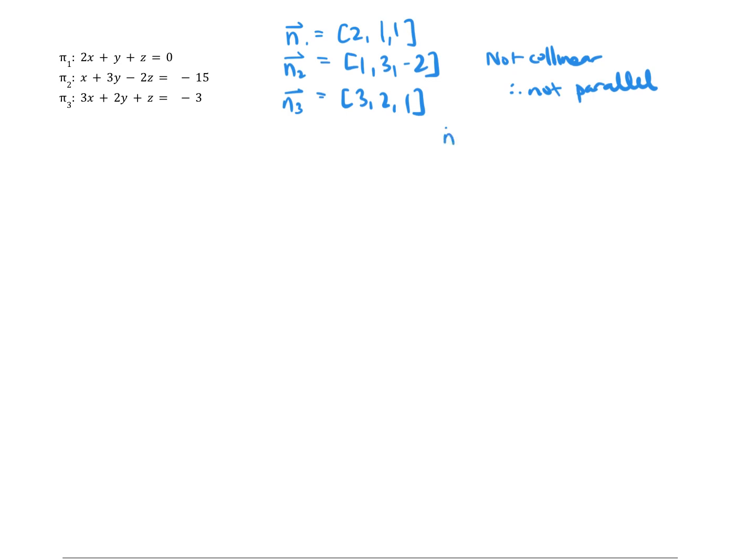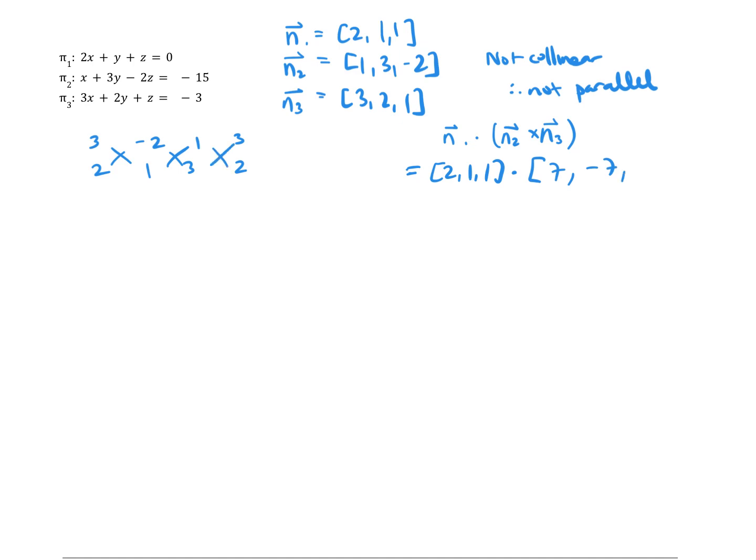So again, I'm going to do the same thing. I'm going to do the dot product between the first normal with the cross product of normals 2 and 3. So for the cross product, we have 3 minus negative 4, negative 6 minus 1, 2 minus 9.